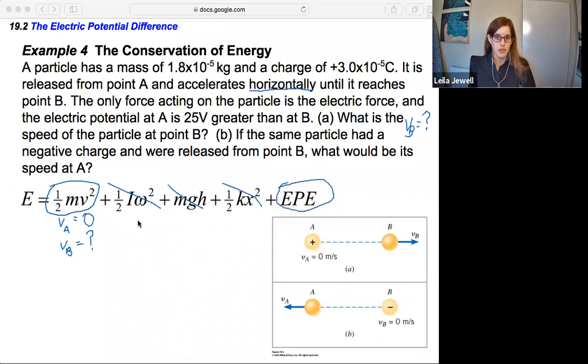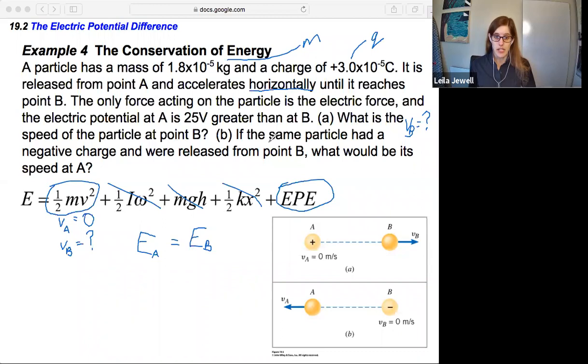And as before, we'll ultimately be setting our initial total energy, E sub A, equal to our final energy, the total energy at B. Now, what do we know here going into it? We know the mass of the particle and the charge of the particle, which we can write as Q. So we know M, that's good.